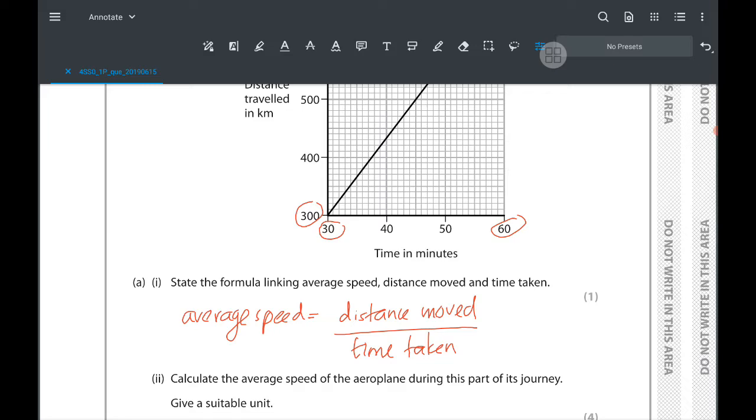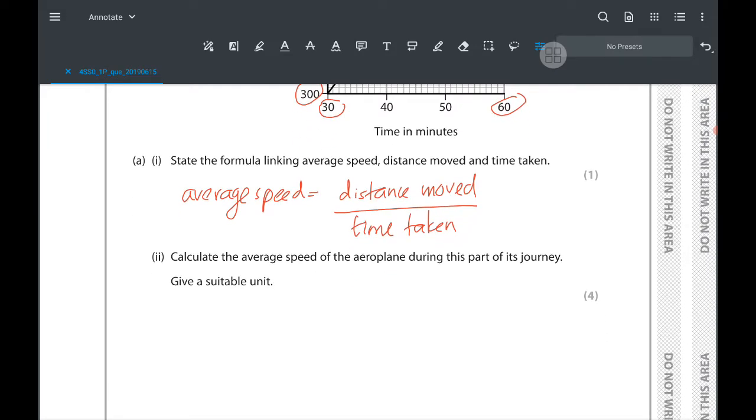But there are some specific letters given. For speed it is S, distance it is d, and time it is t. So if you are using that way, make sure you write the equation S equals d over t, nothing else, like other letters that we have given different meanings. So please make sure it is better if you use the word equation.